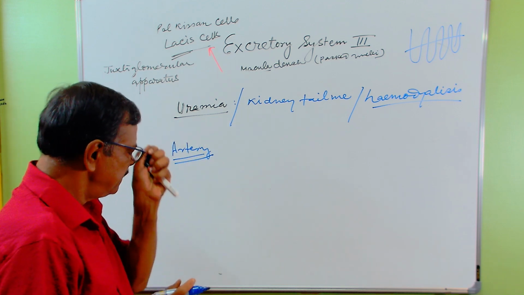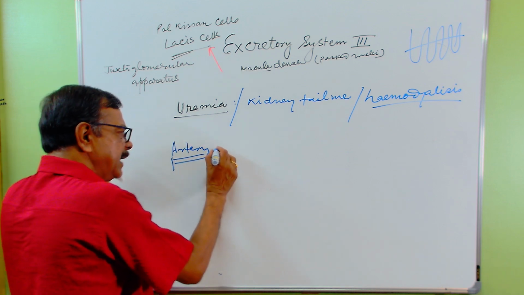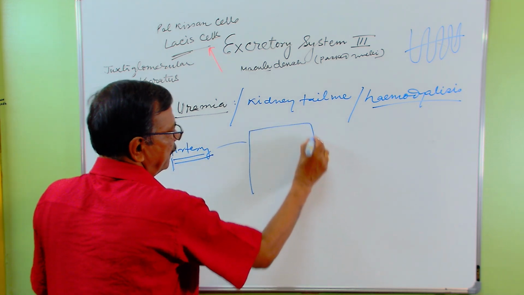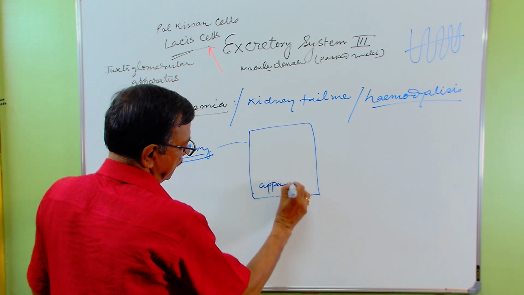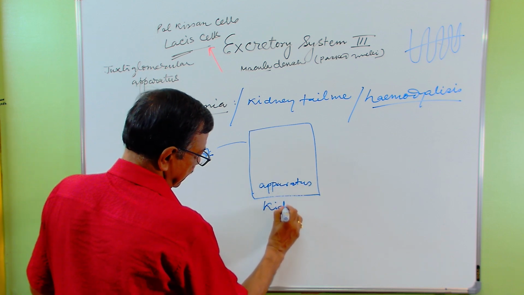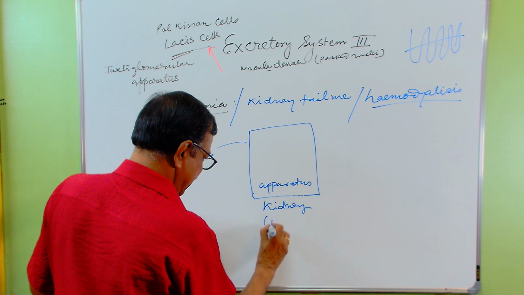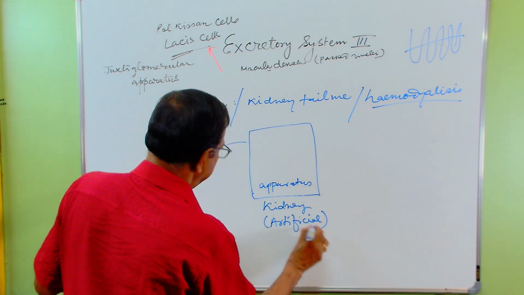this artery is pierced and the blood is taken into an apparatus called an artificial kidney.